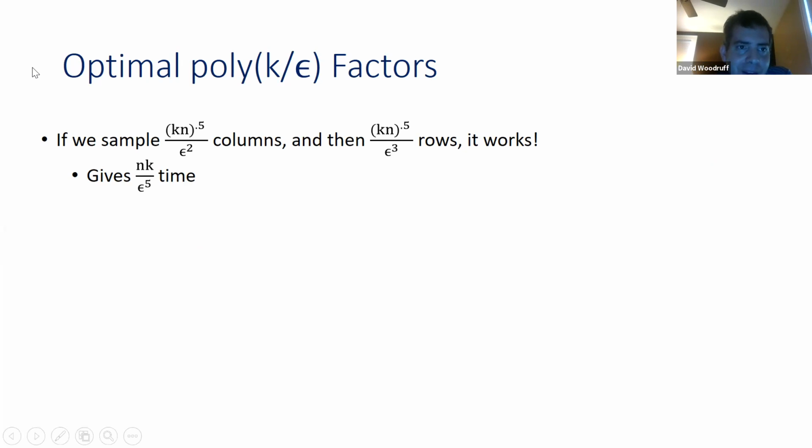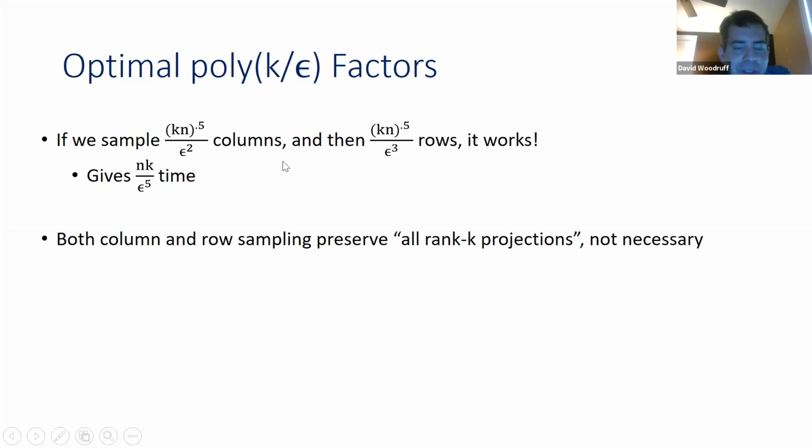If you analyze the algorithm that I just described carefully, you have to sample root n K over epsilon squared columns, then root n K over epsilon cubed rows. In total, this is nk over epsilon to the 5th entries, which is not good if epsilon is small, as I said.